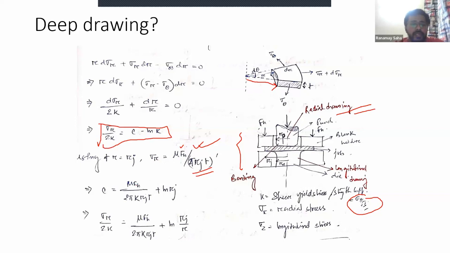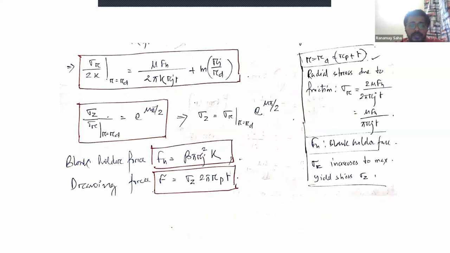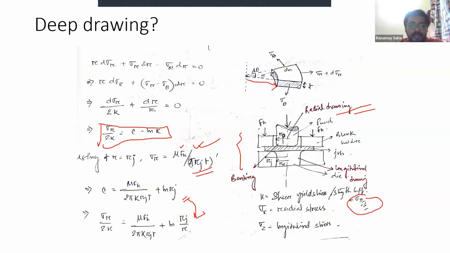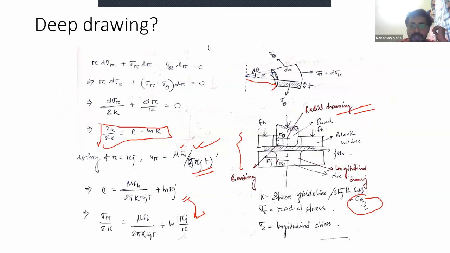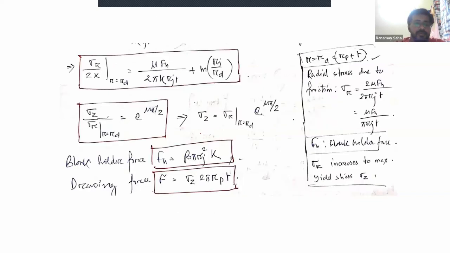Just plug in the value of sigma r here, and you can get the constant C. Plug the constant C back into this equation, and you find sigma r by 2k as this particular equation. Now you can plug in the value of r as the drawing radius, the cup radius RD. Once you do that, you can find the sigma by 2k value at the particular radius RD.